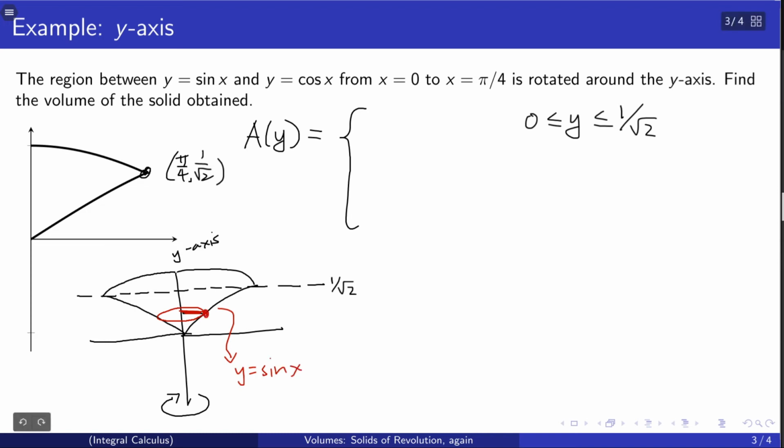So this is the point. Remember, we're viewing these functions as functions of y now. So this is going to be the sine inverse function. From 1 over square root of 2 to 1, for every cross section that I have up here, this radius is now going to be given by the inverse cosine.